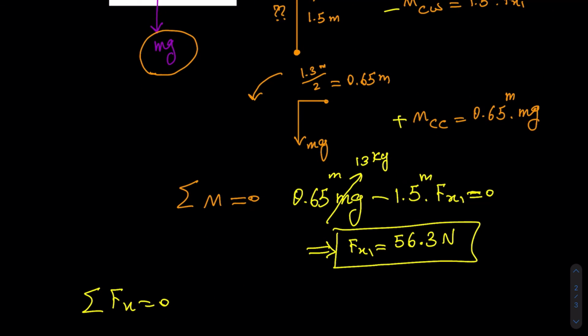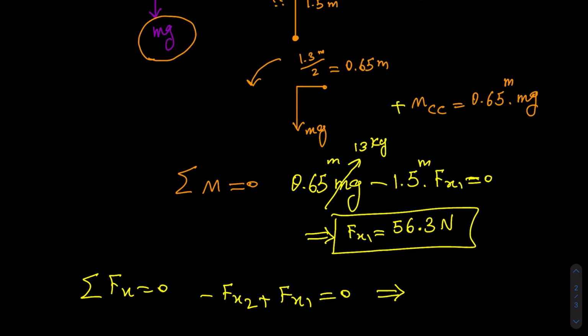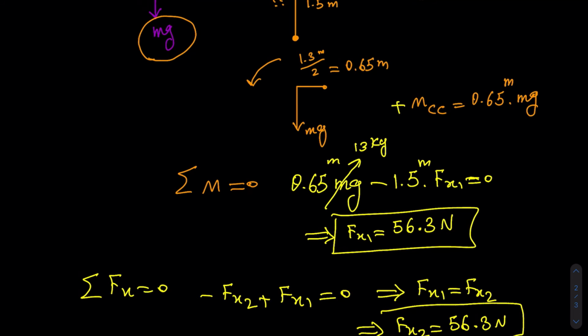So negative fx2 plus fx1 equals 0. Then we conclude that fx1 must be equal to fx2. Therefore, fx2 also is equal to 56.3 newtons.